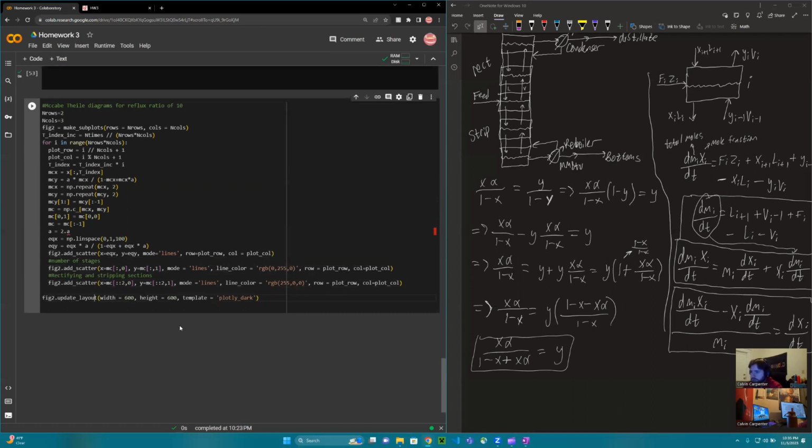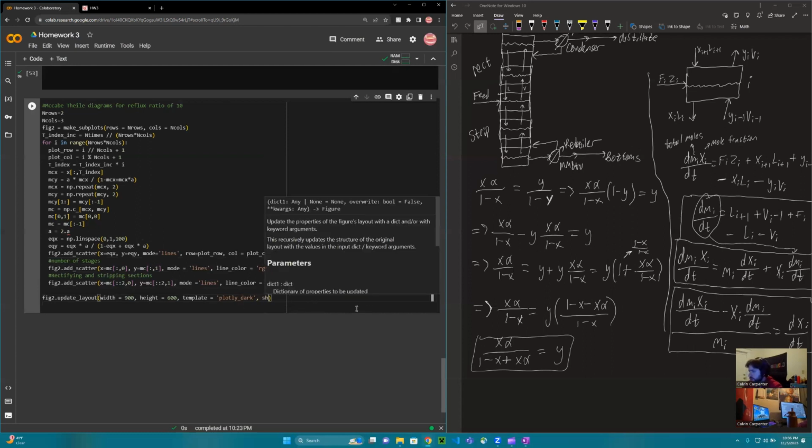Fig2.update_layout, width equals 900 this time, so they all fit. Keep it 600. Keep the template the same. I guess we'll get rid of the legend this time because it'll be taking up space.